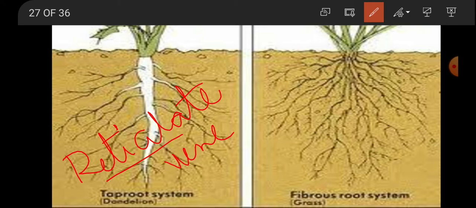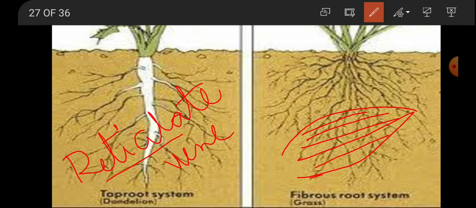We observe that in the majority of plants like hibiscus, rose, jasmine, all the plants will show reticulate venation. So taproot system plants always exhibit reticulate venation. Whereas fibrous root system plants always show parallel venation, meaning the veins are completely parallel to each other.